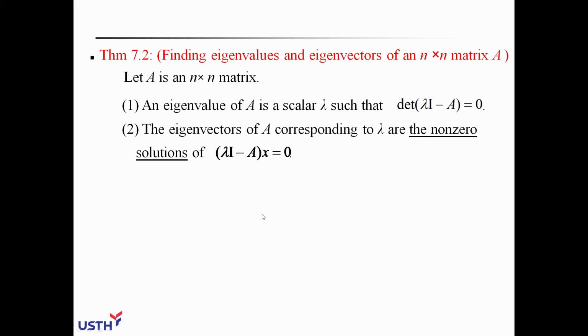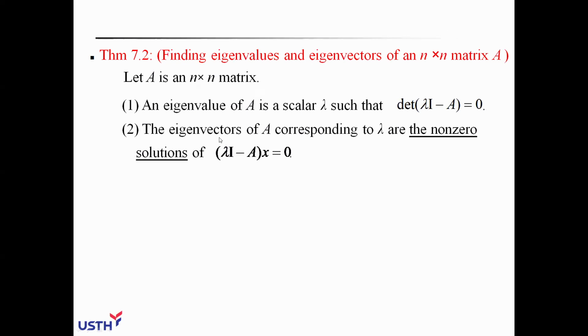Now I repeat how you can find an eigenvalue and eigenvector. Suppose that A is a square matrix of order n. Then an eigenvalue of A is a number lambda satisfying the equation determinant of lambda I minus A equals 0.